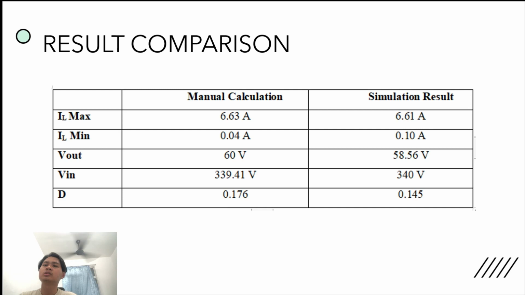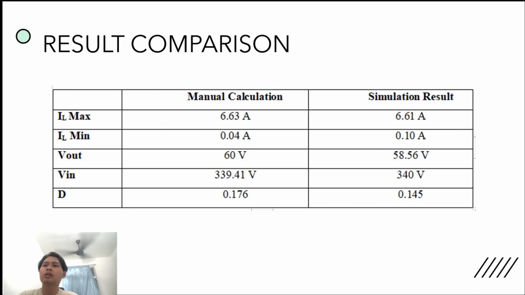For the V out, the simulation result is a bit lower, which is 58.56 volt. And the V in for the simulation result is 340 volt, and the duty cycle for the simulation result is 0.145.